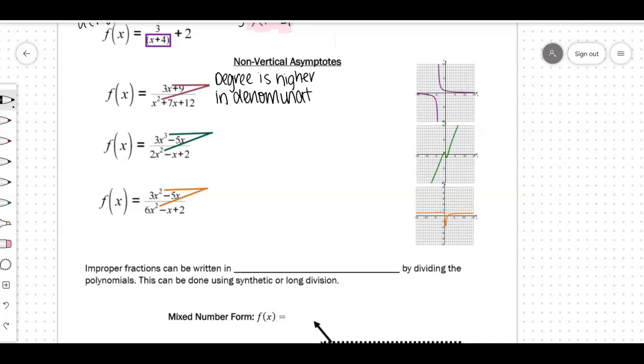And we'll talk about why that's significant here in a second. Notice with my second example, the degree is higher in the numerator. And then our last example, the degrees are the same.